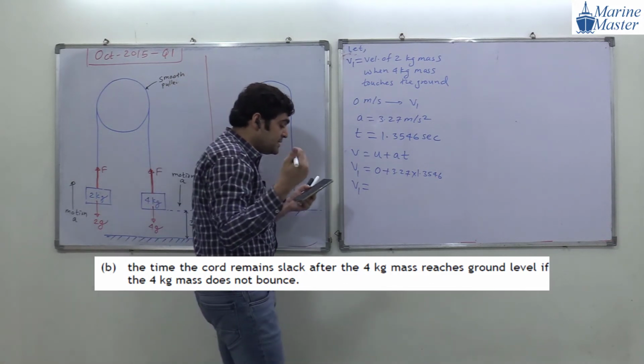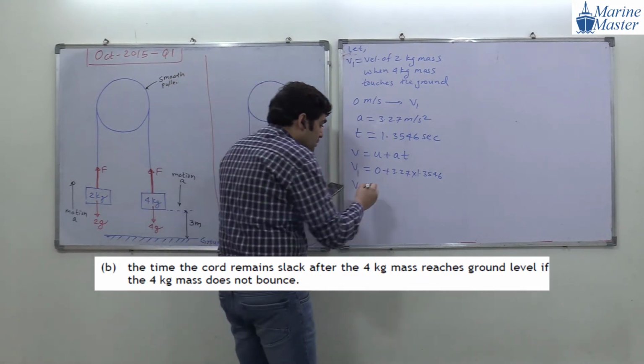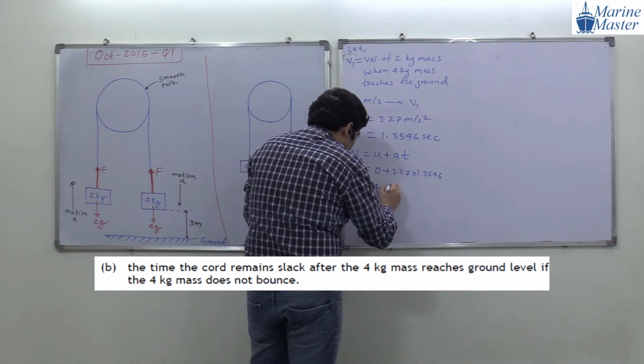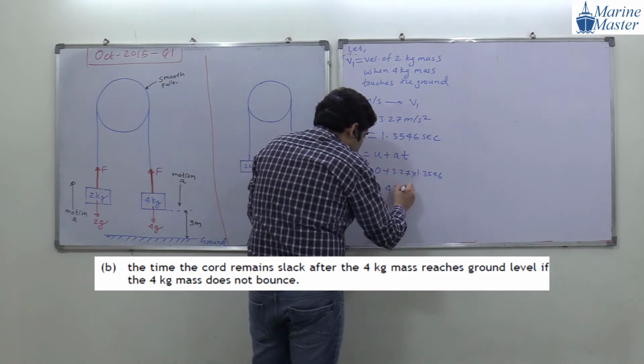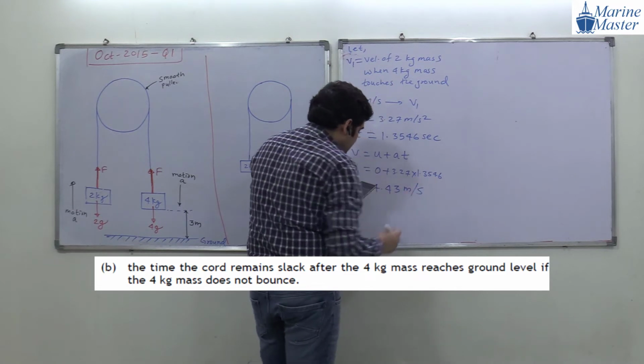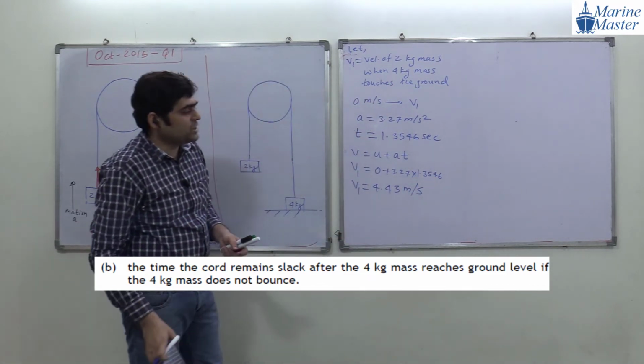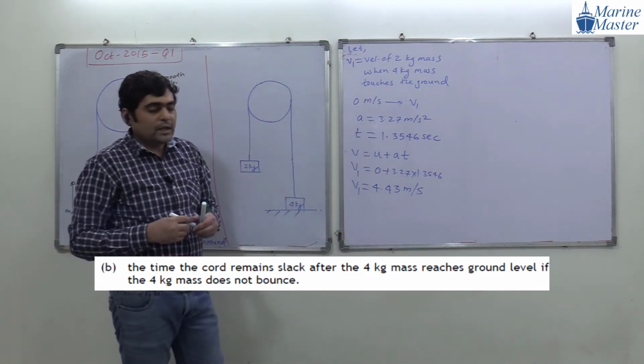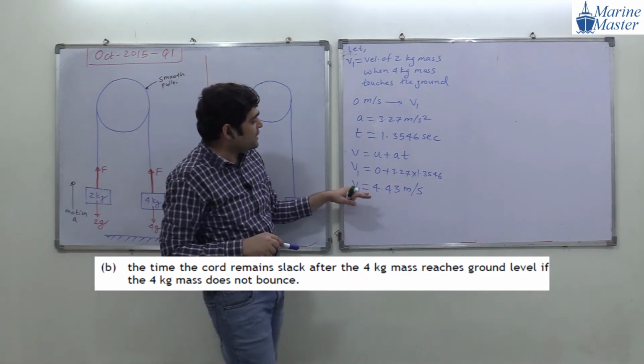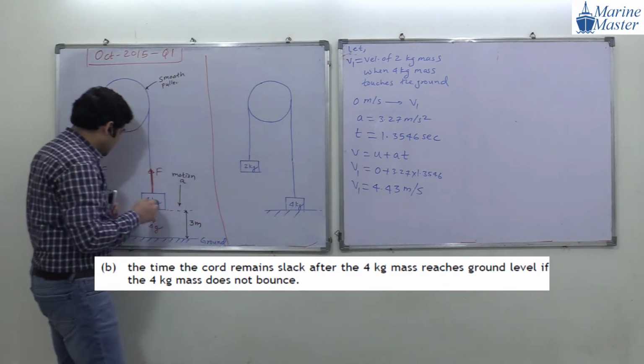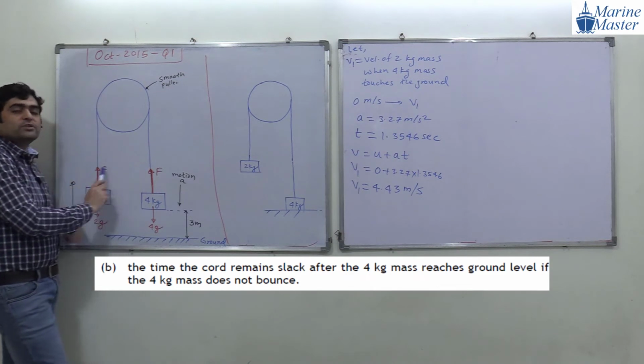How much? 4.443 meter per second. So we got the velocity v1. Till achieving this velocity, the 4 kg mass and 2 kg mass both have a tension.